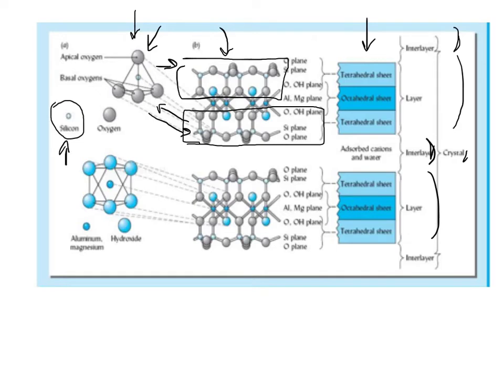So you can see again, here's our silicon in the middle, and oxygen on the outside. 4 oxygens, 1 silicon and 4 oxygens for 1 tetrahedral unit. When we start to put these together and associate them with other tetrahedral units, we'll get a tetrahedral sheet, as we see.